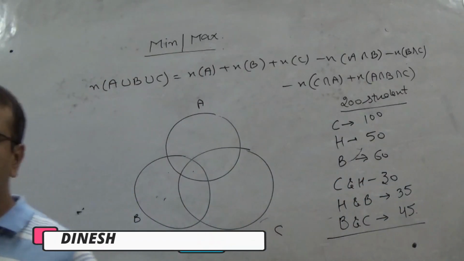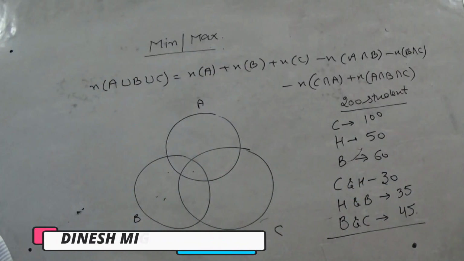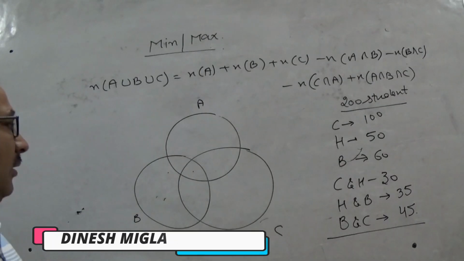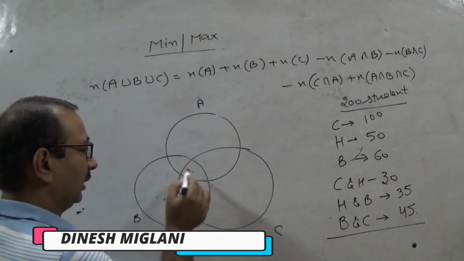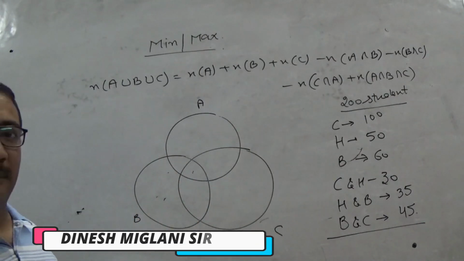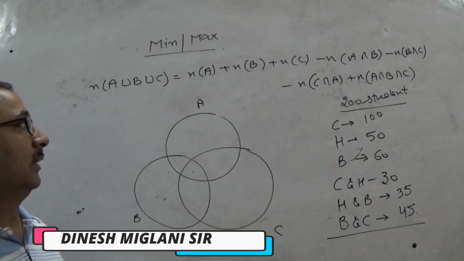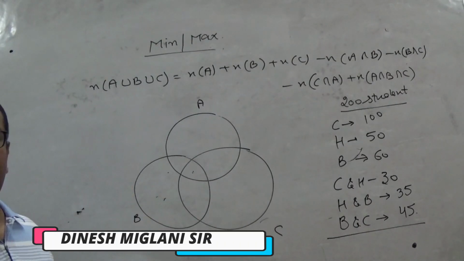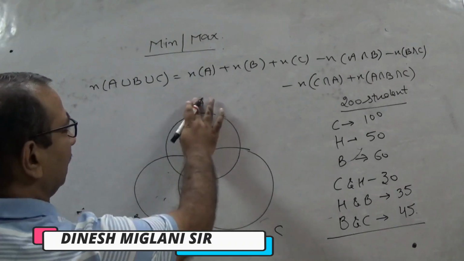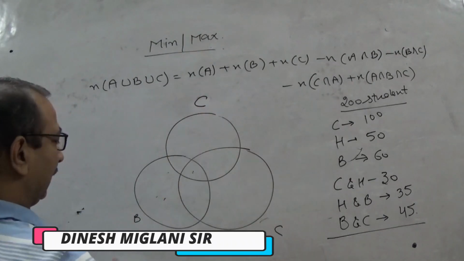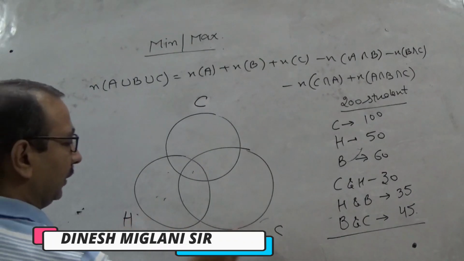Now, using that information, we have to find the minimum value and the maximum value of the students playing all three games. That's my question. Now how to approach this type of problem? According to the information, let us say this is the set of students who play cricket, who play hockey, and who play basketball.